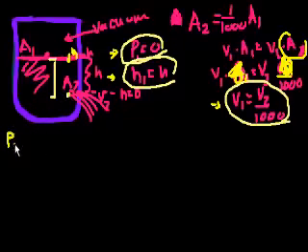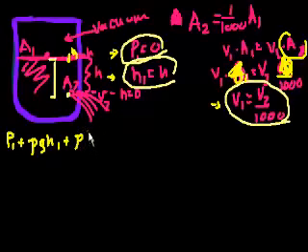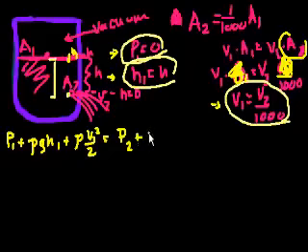It's P1 plus rho G H1 plus rho V1 squared over 2 is equal to pressure 2 plus rho G H2 plus rho V2 squared over 2.